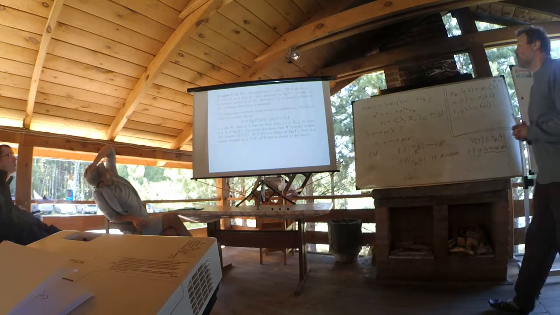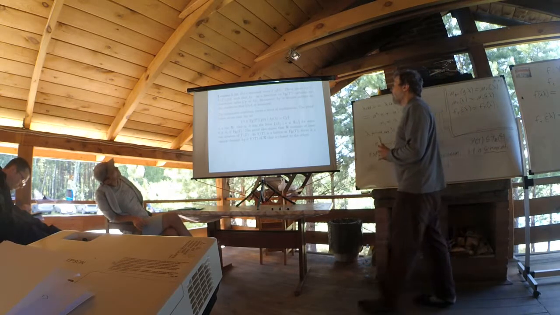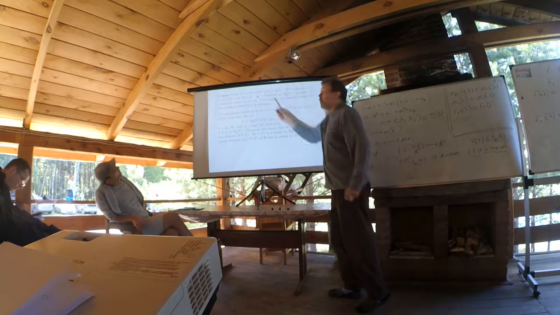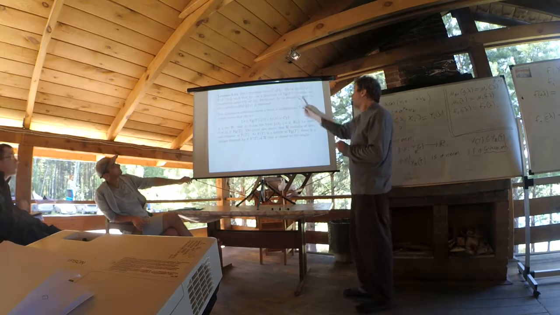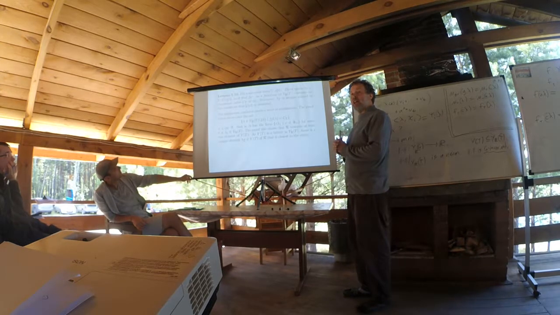So here's the statement. Fix a particular maximal torus and look at f_T. Remember, that's the restriction of this f to this real vector space. And the theorem says there's a point where this function attains a maximum value, first of all.